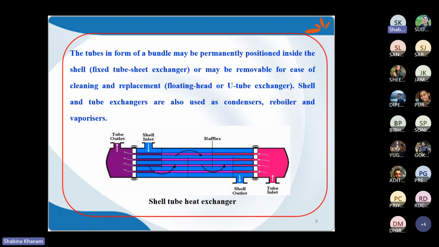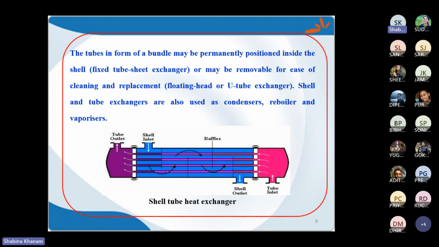Because of that high velocity, or let's say some lag in flow, it will give vibration in the tubes. Because of that vibration, tubes may coincide with each other. Like this tube may coincide with this tube, may coincide with this. Coincide means they can strike each other.